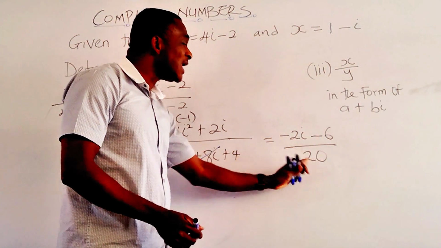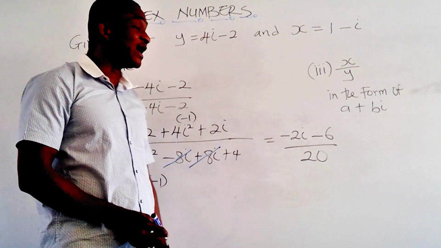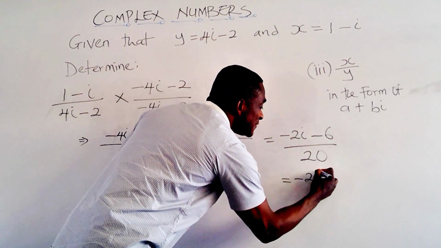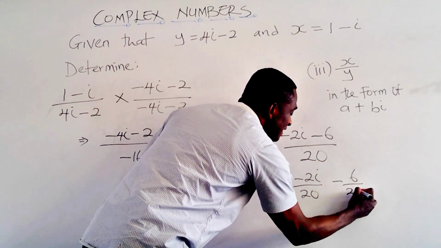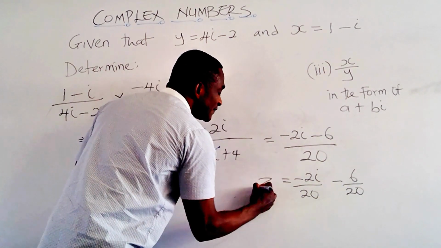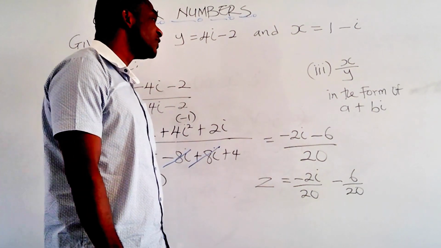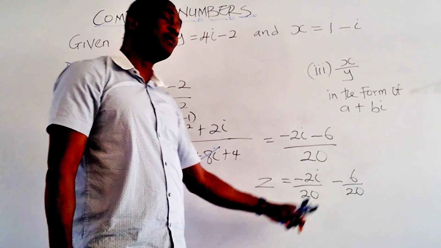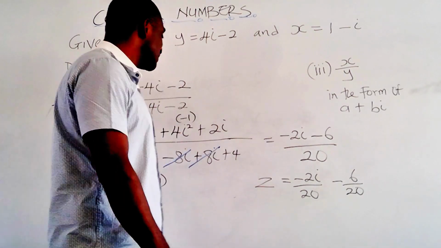Now, we can allocate this denominator to the individual values in the numerator. So I will have negative 2i over 20 minus 6 over 20. So this is the complex notation of this. You can reduce it to the smallest possible fraction, which is negative i over 10 minus 3 over 10. That is the simplest.